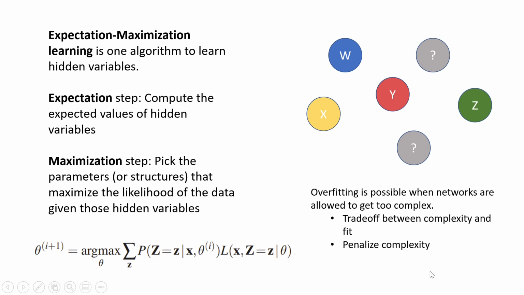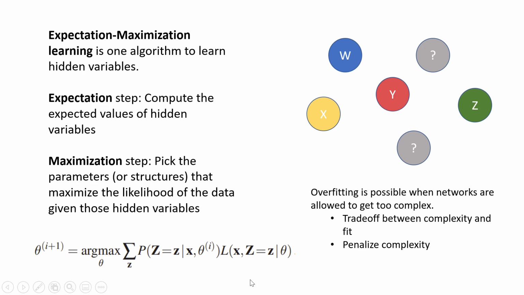Expectation maximization learning is one algorithm to learn hidden variables, and it's a pretty general algorithm, but basically the approach is to first compute the expected values of the hidden variables, then pick the parameters or structures that maximize the likelihood of the data you've observed given those hidden variables. And then it sort of iterates and updates the parameters as it figures out what those hidden variables might be.